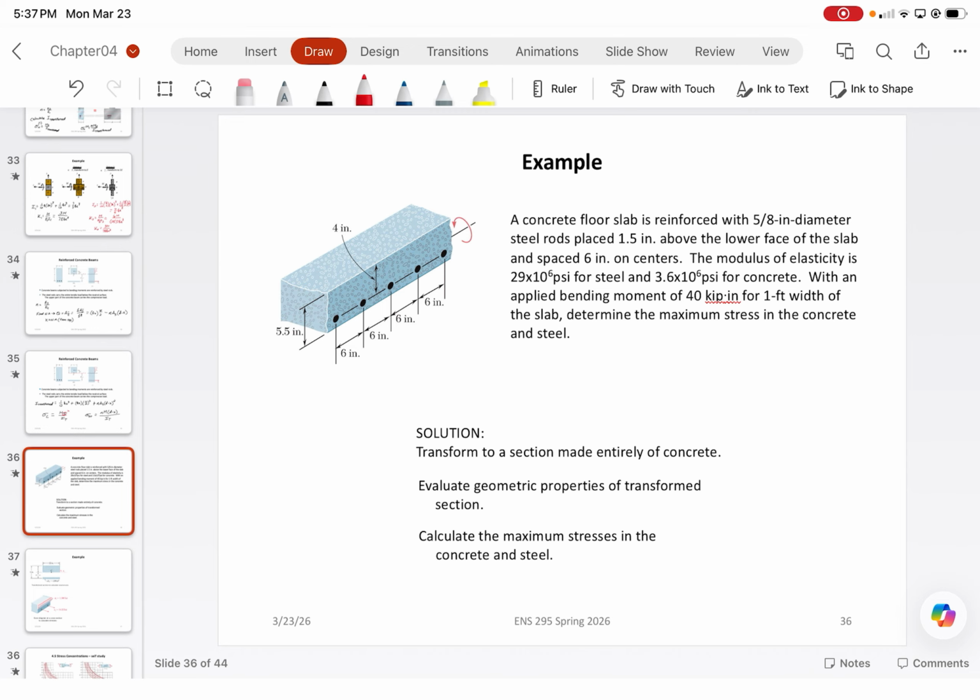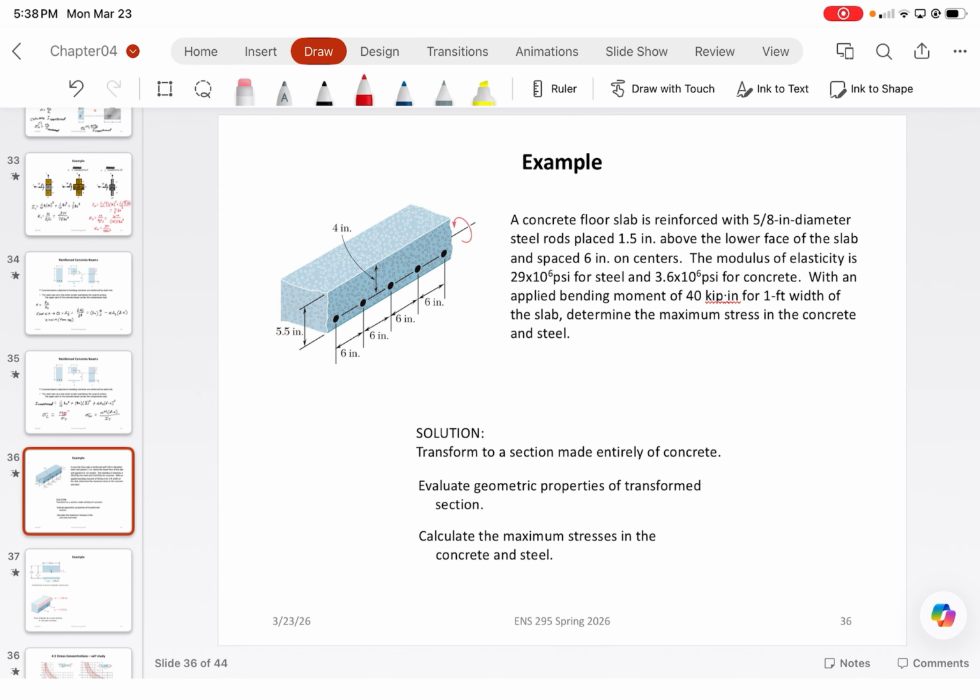It's actually a very common thing, instead of analyzing it for like 50 feet in length, just assuming a 1 foot section. All right, so what we want to do is basically perform the elastic analysis to determine the stresses in the concrete and the steel.